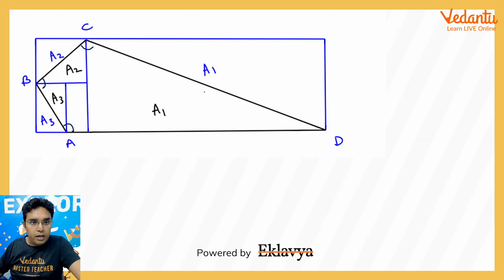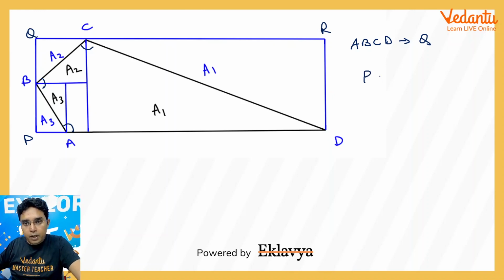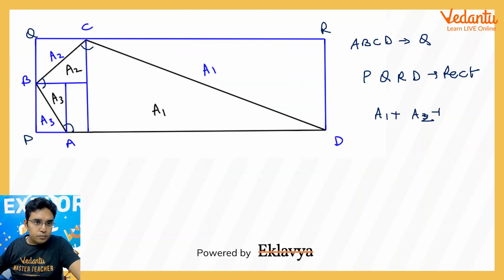You can see ABCD is the quadrilateral here, and let me call this P, Q, R and D as the rectangle. So you can see the area of quadrilateral, which is A1 plus A2 plus A3, and there is one more left out area, that is A4.